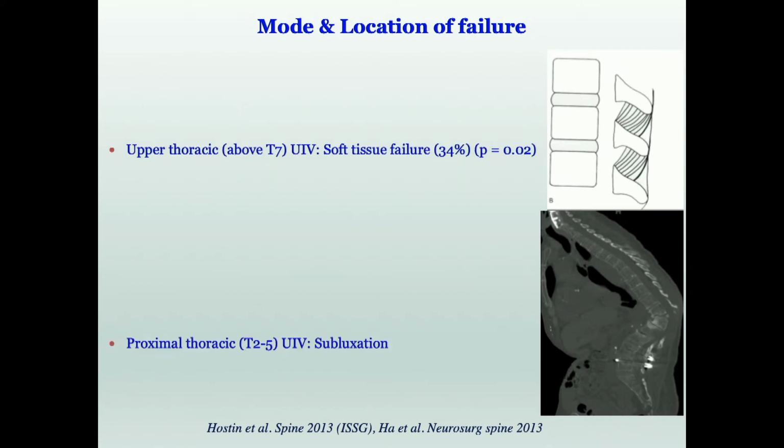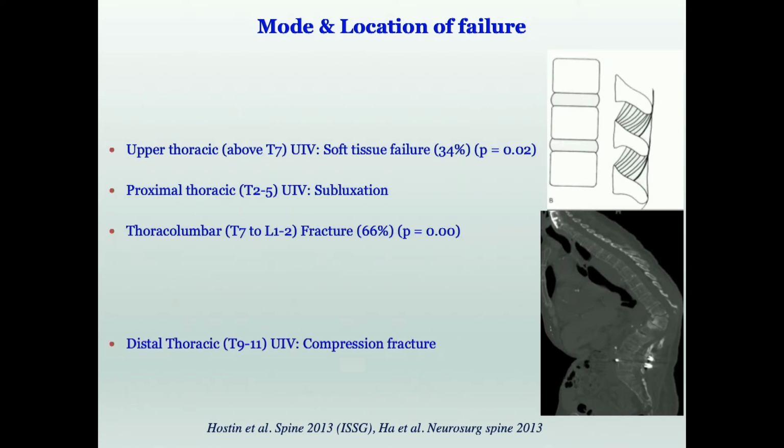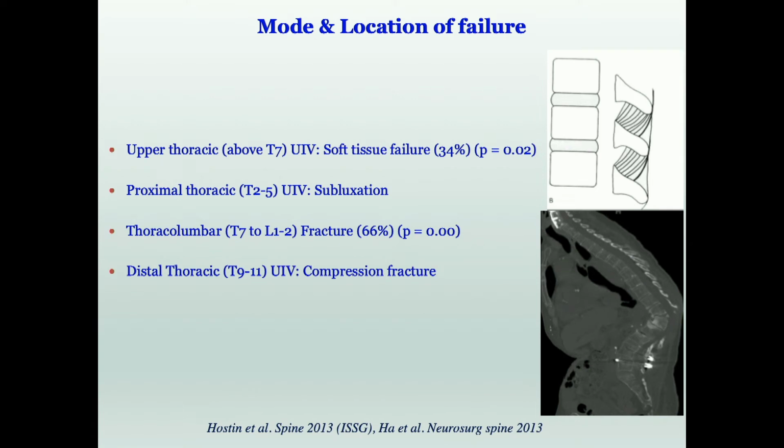So, mode and location of failure. In the upper thoracic spine, the most common cause of PJK is typically a soft tissue failure. And we heard during the opening of the meeting from Dr. Dan Rue, who talked to us about disrupting the posterior ligamentous complex at C2 and C7 for cervical spine.